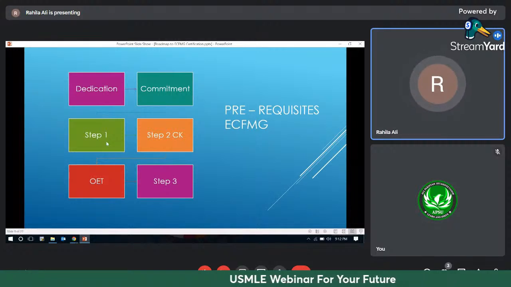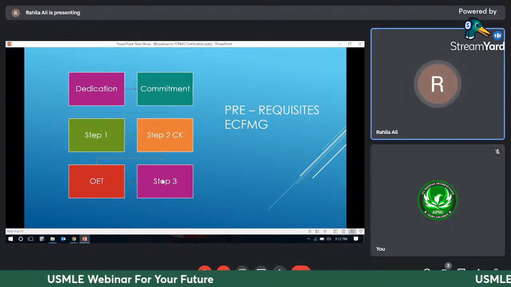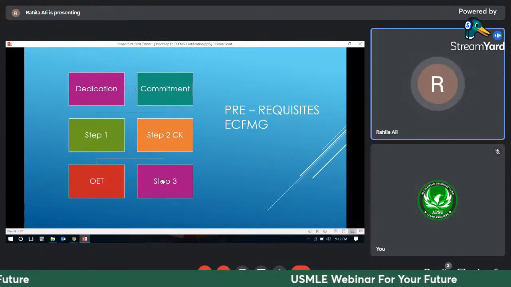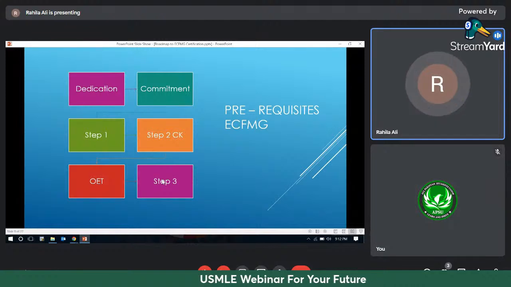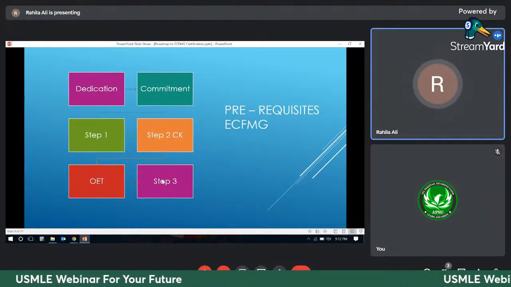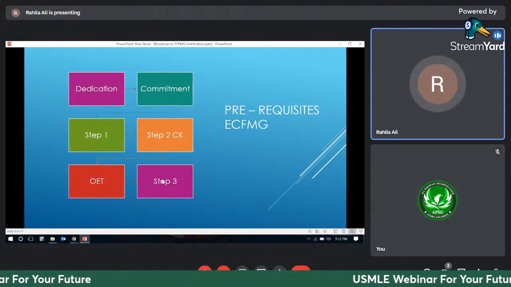Then you have to do Step 1, Step 2 CK, OET, and Step 3. Basically, Step 1, Step 2 CK, and OET are there to apply for the pathways. Once you get residency, then you can give your Step 3. So it's not essential or necessary to give Step 3 before your pathways or your residency.